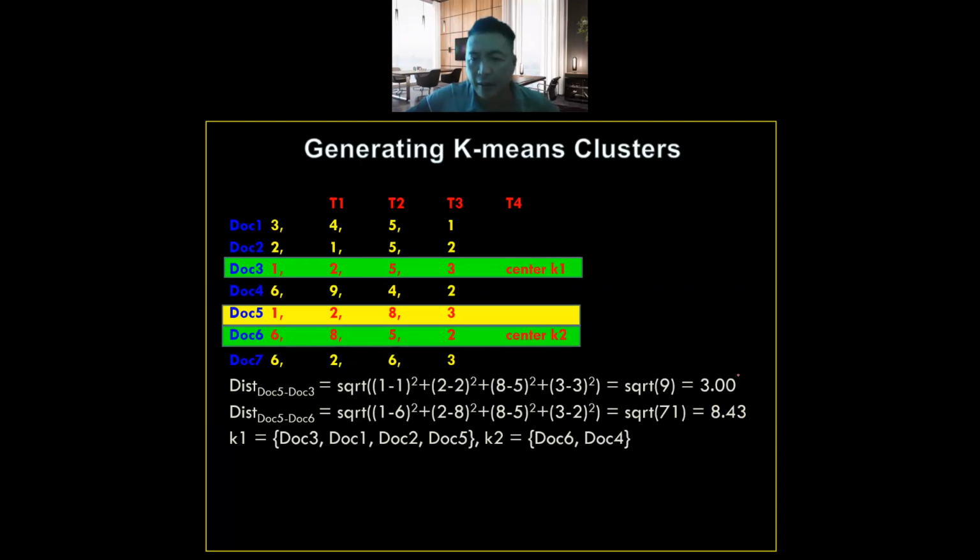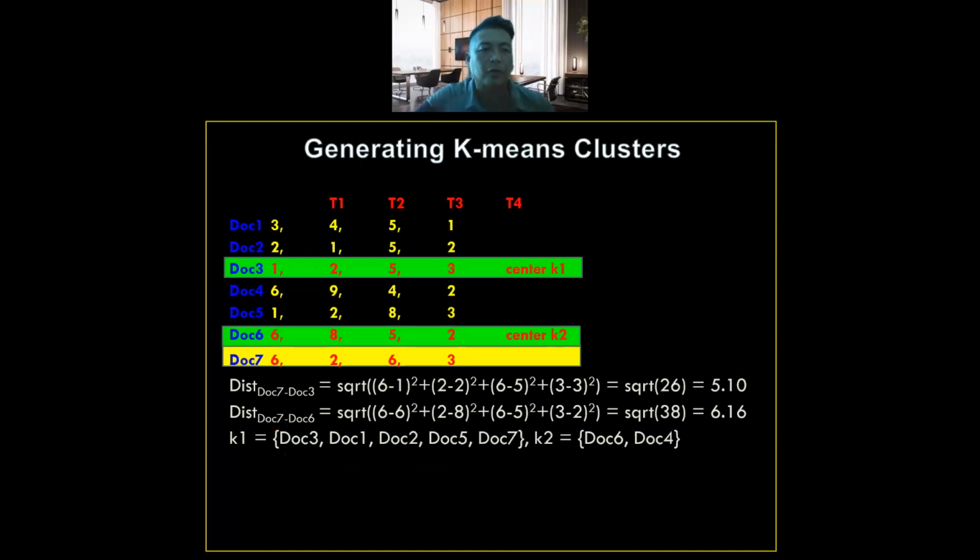Document 5 is nearer to document 3, so I put document 5 in the same cluster as document 3, which is cluster 1. I repeat for document 7. Document 7 belongs to document 3. So finally, I have this. This is only the first iteration.